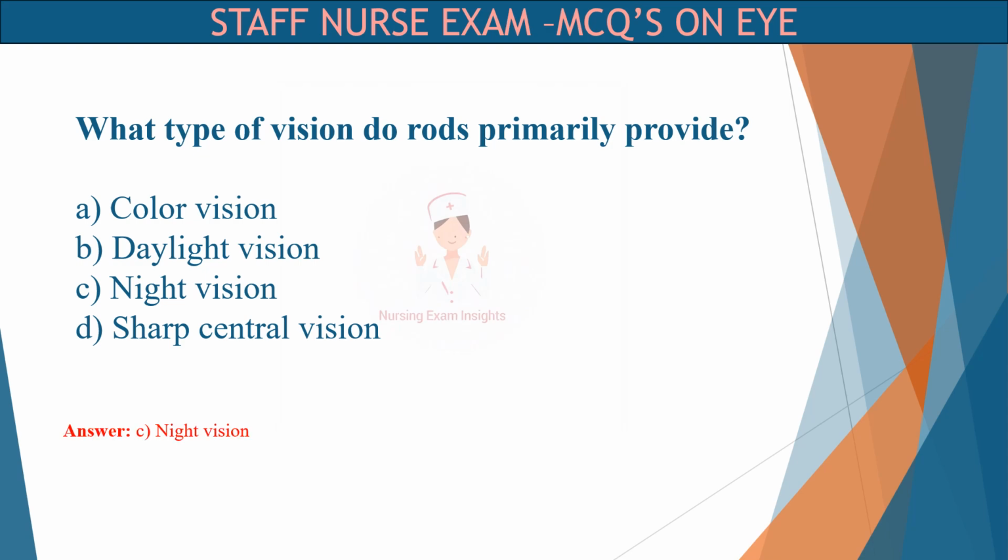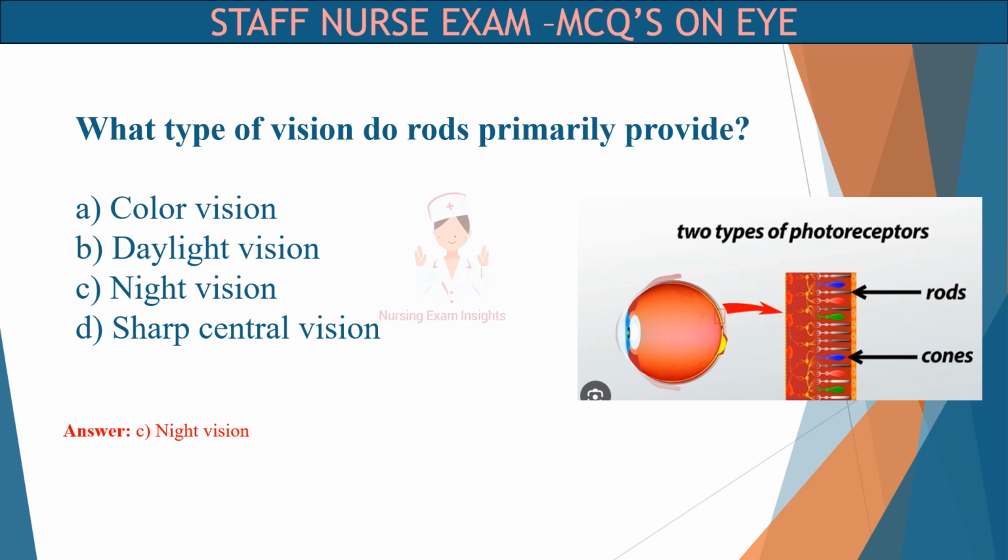Rods are sensitive to light and dark, and are responsible for vision at lower light levels, which is usually the night vision. Whereas cones are sensitive to color and are responsible for vision at higher light levels, that is usually the daylight vision.